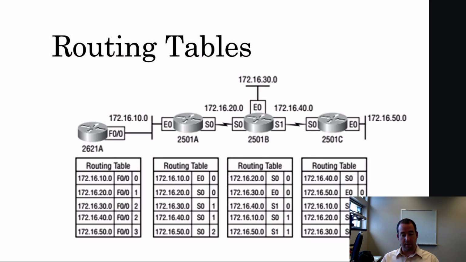And you see on the far right of that routing table, there's a metric, and that metric is 0, meaning it's directly connected. And you see if it wants to get to 172.16.20.0, it goes through the same interface, but the metric is 1 because it's no longer directly connected. We have to go through another router to get there. The same with all of the other networks that are connected there.